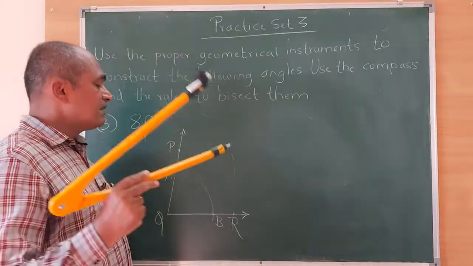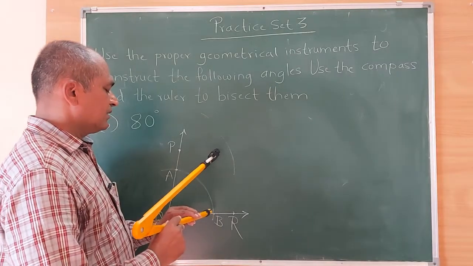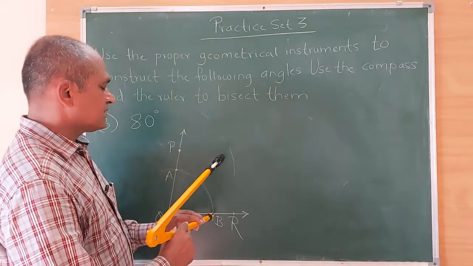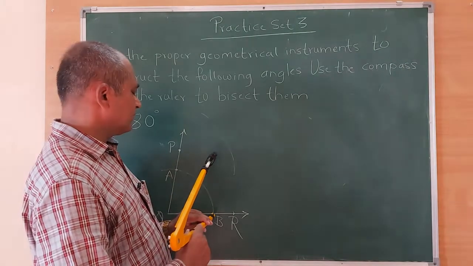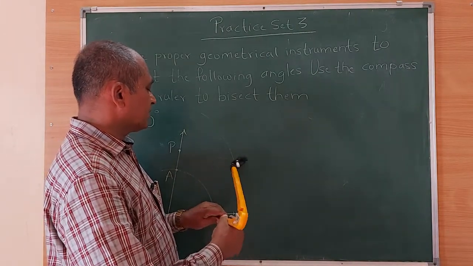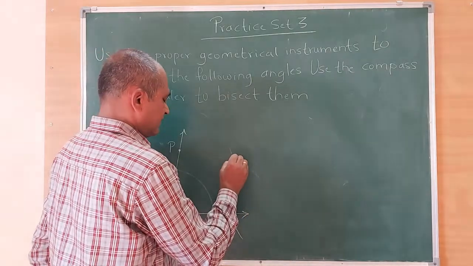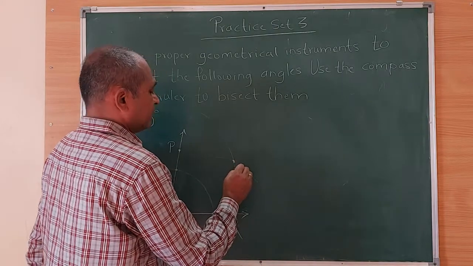Now with the same distance, keeping the distance of your compass the same, I'll keep the point of the compass on the point B, and I will cut this previous arc at some point which I will name, say, C.